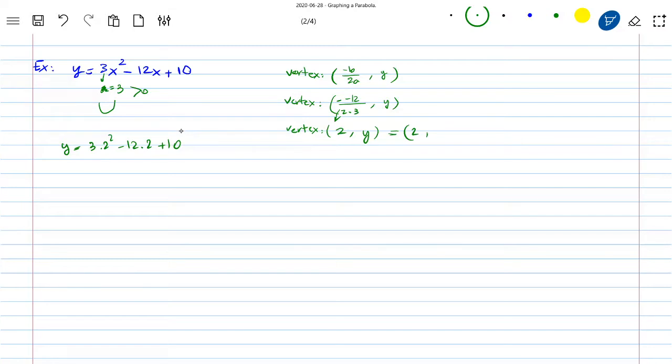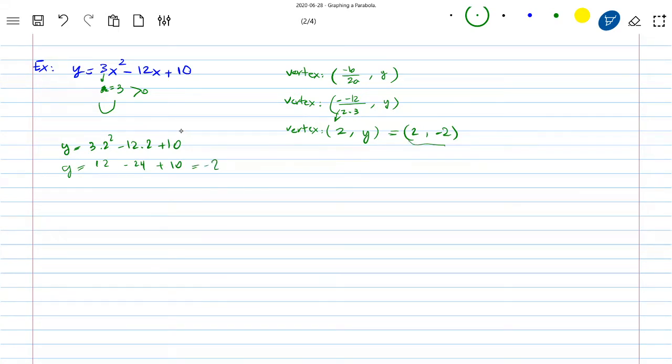Let's calculate: 2 times 2 is 4, 4 times 3 is 12, minus 24, plus 10. Oh, the 8 is not right. 12 and 10 is 22, minus 24, negative 2. Actually, y is negative 2.